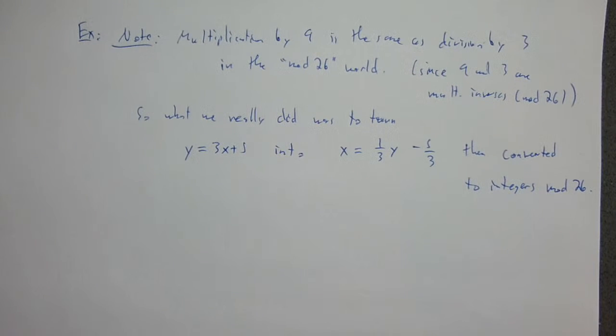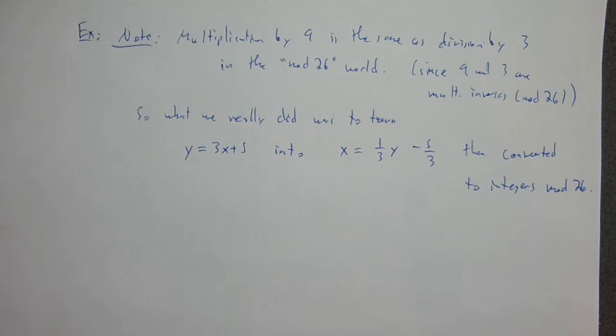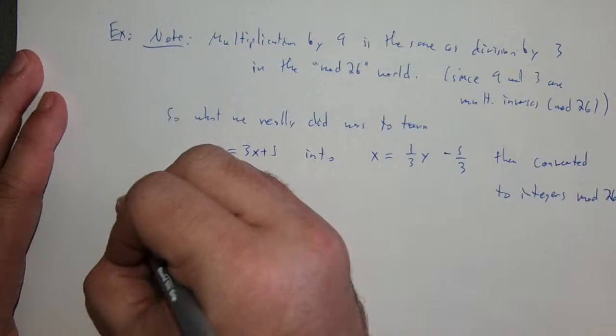So actually what you did here was what you would have done in Algebra 1. And in Algebra 1, your conversion here is pretty simple. But now you're doing this all mod 26, right? So you're just translating mod 26 here, and you're good to go.